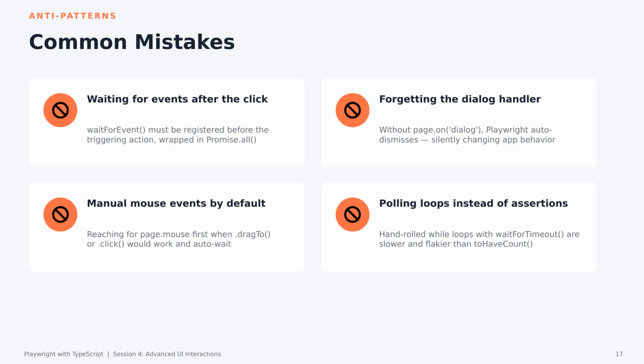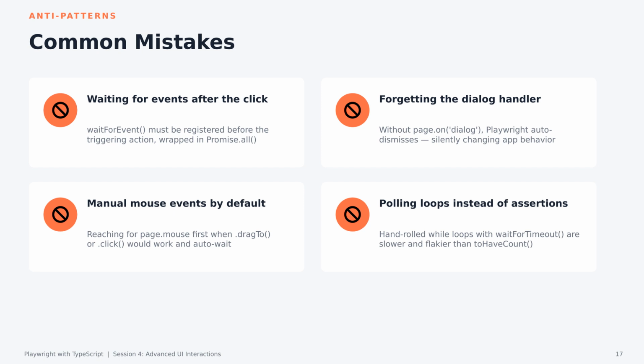Let's cover the anti-patterns for everything in today's session. Waiting for events after the click: waitForEvent has to be registered before the triggering action, wrapped inside Promise.all, not called afterward. Forgetting the dialog handler: without page.on('dialog'), Playwright silently auto-dismisses it, which quietly changes your application's actual behavior compared to what a real user would experience.